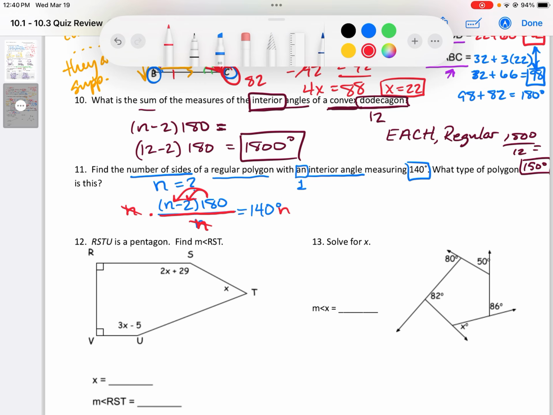So these will cancel out, and then the next thing I'll do is distribute. So I have 180n minus 360, that's what I get when I distribute here, equals 140n.